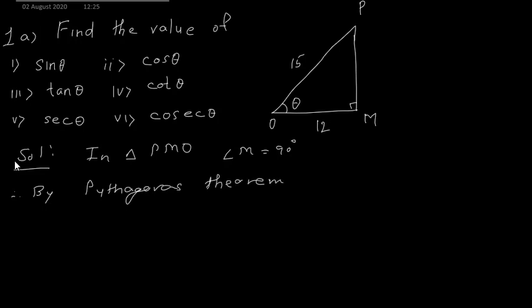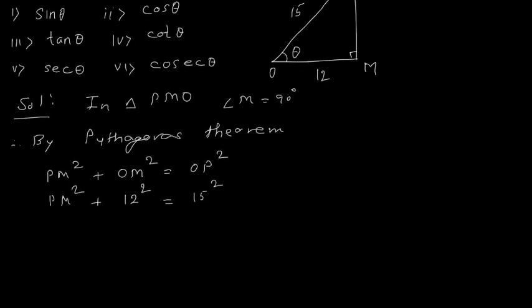We can say that this PM square plus this OM square will be equal to OP square. Now the value of PM is not known, so I will write PM square plus the value of OM is 12, so this is 12 square, and OP is 15 square. Okay, what I recommend is that you also solve along with me, draw the diagram and start solving the problem.